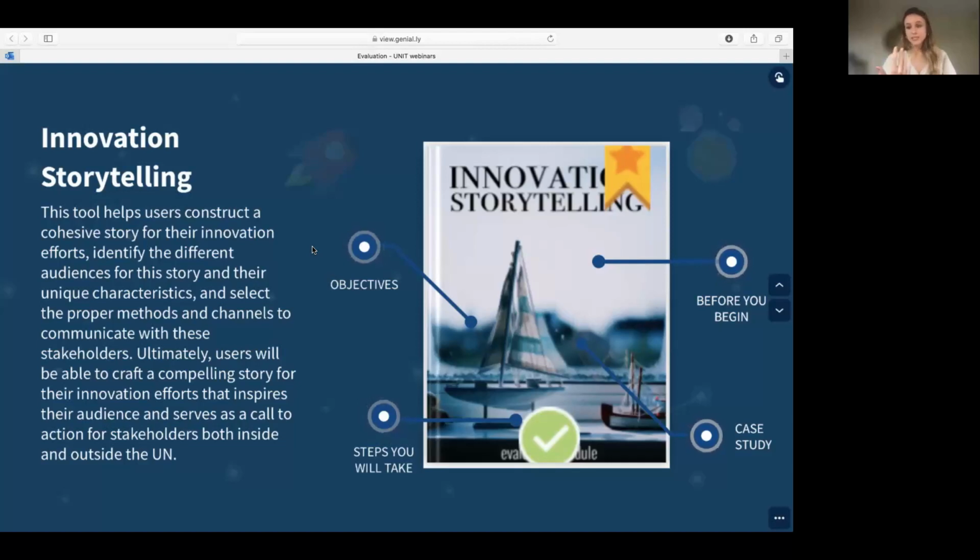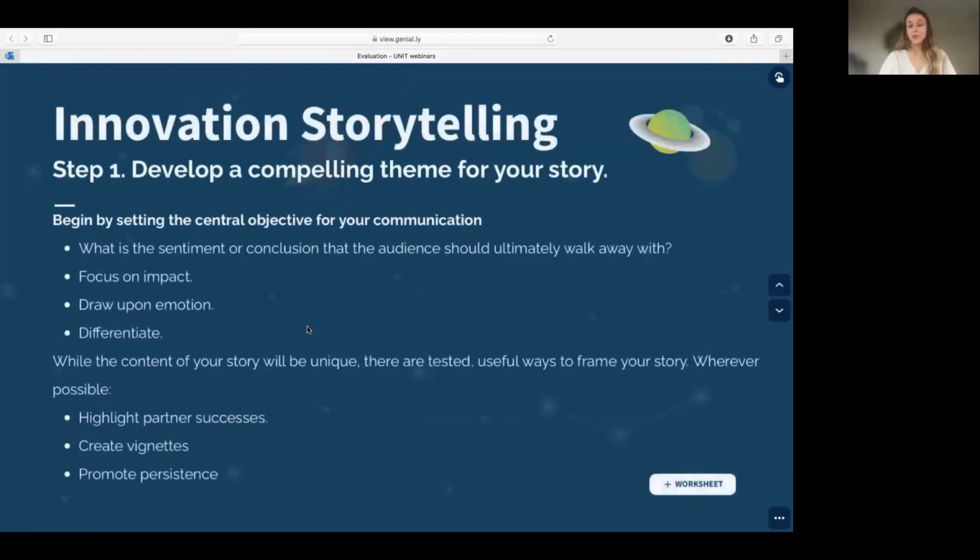As already said, communication is crucial to have everyone on board and to gain buy-in. And let's then pass to the first step of this innovation storytelling tool.